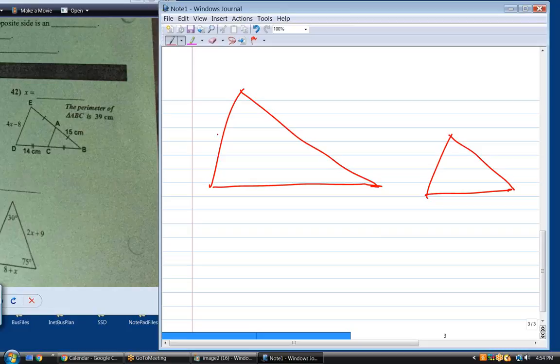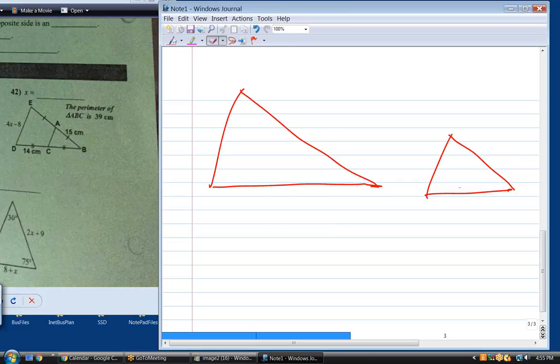I know that this side here is the same as that side, or at least they're corresponding sides. That's corresponding with that, and that's corresponding with that. I can see it as long as they're separated and I'm looking at two different triangles. When they're together, it requires a bit more imagination.